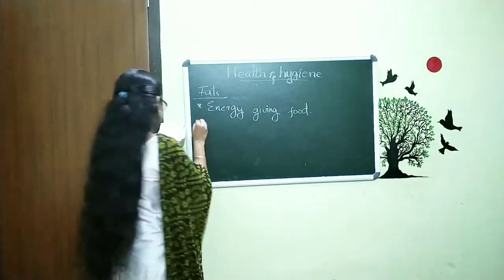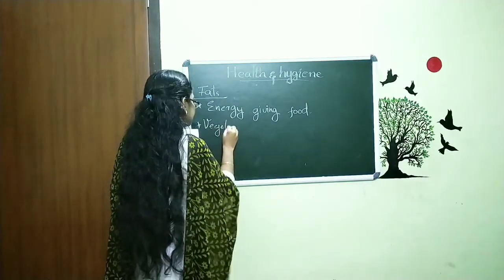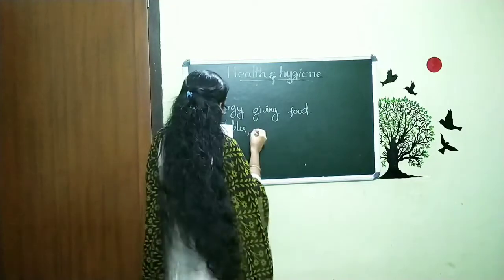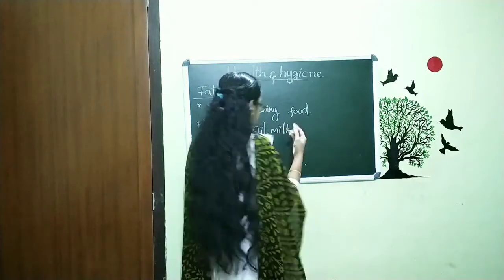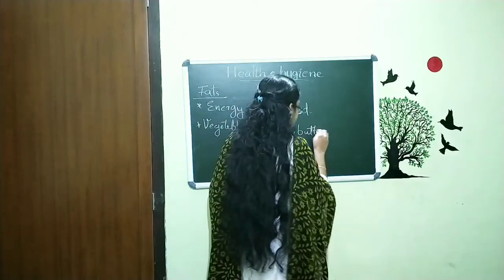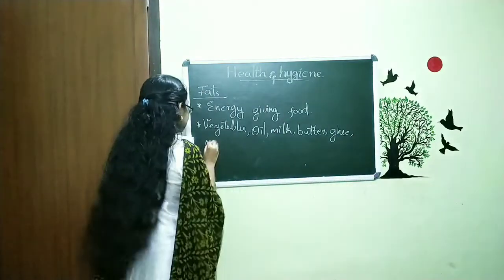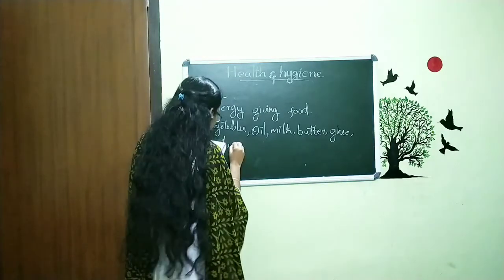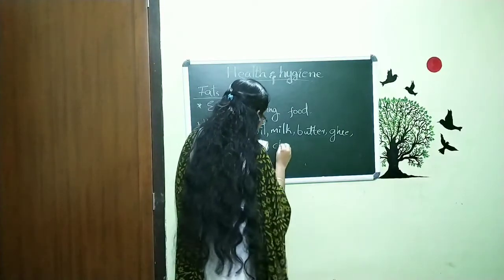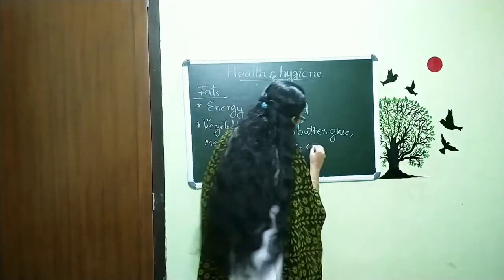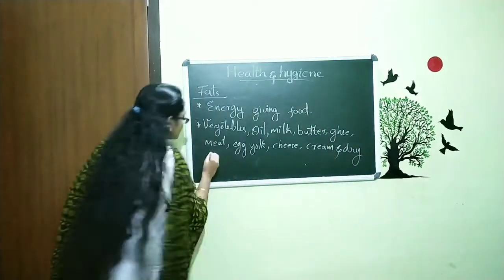The examples are these: vegetable oil, milk, butter, ghee, meat, egg yolk, cheese, cream, and dry fruits.